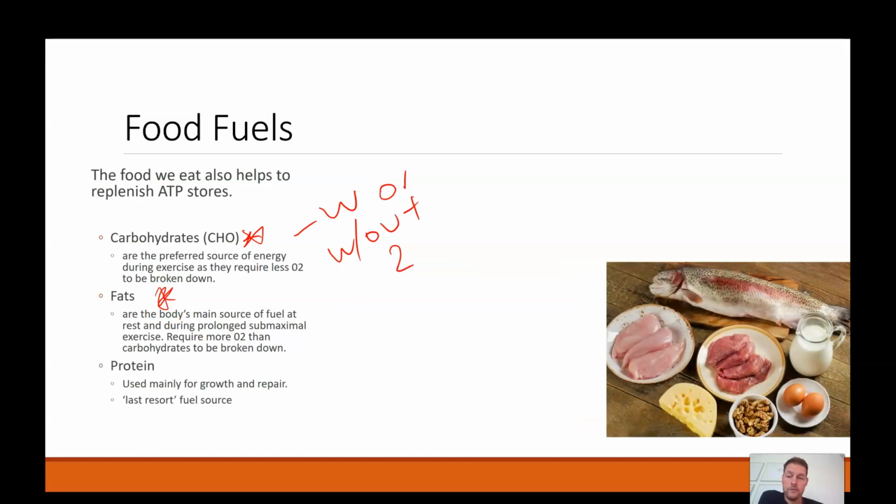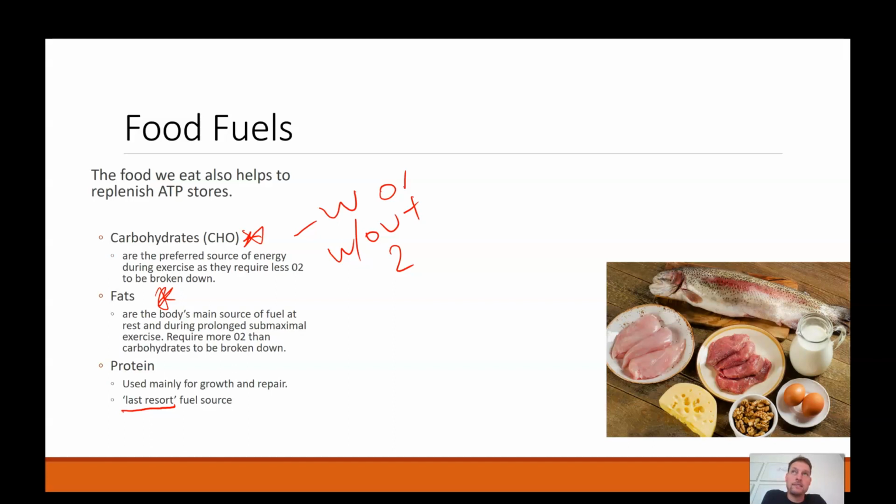The last food fuel that we can use is protein. When we're talking about protein as a food fuel, we want to be really careful because protein is actually more of a last resort fuel. So let's think more about if we're doing a really ultra endurance event, even longer than the Hawaiian Ironman probably.